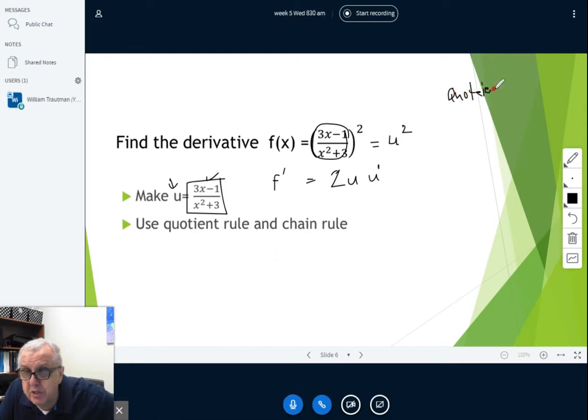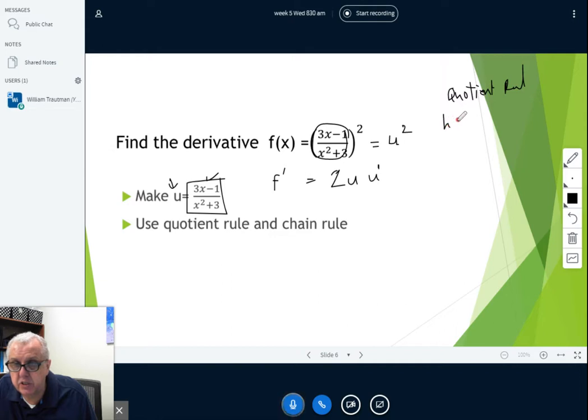And you guys are going to make me quotient. The quotient rule. And the quotient rule is if I take the derivative of a function, let me just show the formula first.